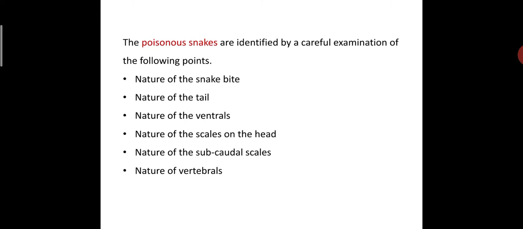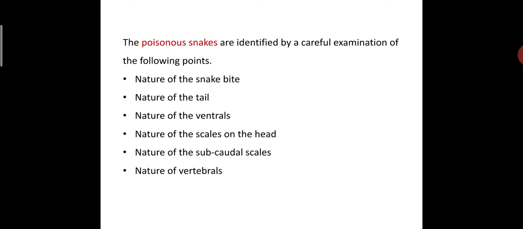Poisonous snakes are identified by careful examination of the following points. Nature of snake bite. By the bite, it can be easily noted whether the snake is poisonous or non-poisonous. Nature of the tail. If the snake is nearby, it can be easily assessed by the nature of the tail. Nature of the ventrals.